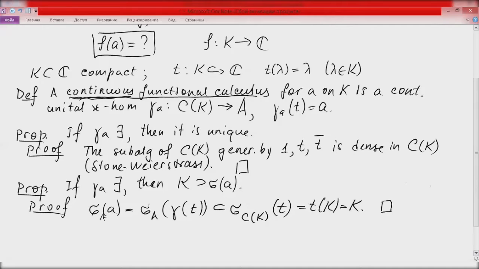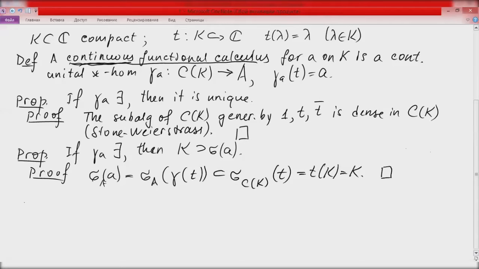Okay, now how about the existence of gamma? First of all, a useful exercise which shows that in general, the above condition is not sufficient.